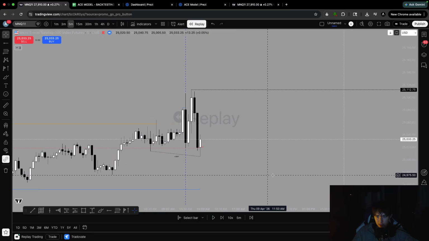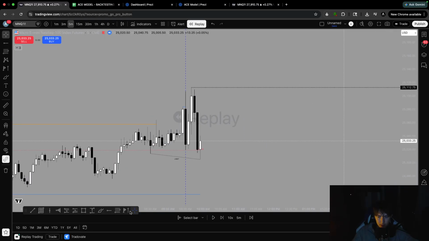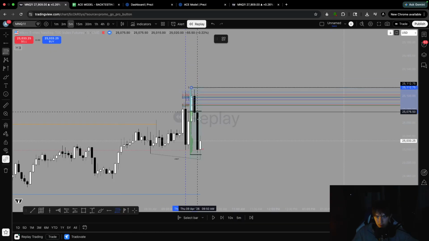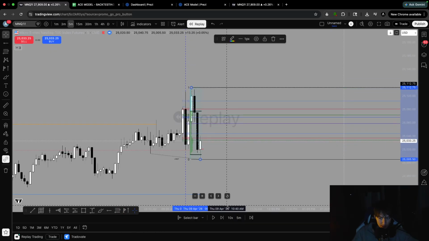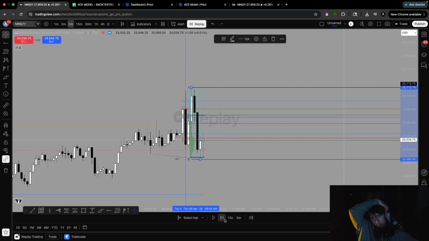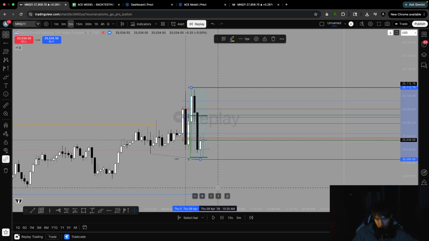Two bearish candles. I think I did that wrong. Has potential to be good if it pushes down a little further. Oh, if we chop around a little bit, we can get a little bit more movement here.